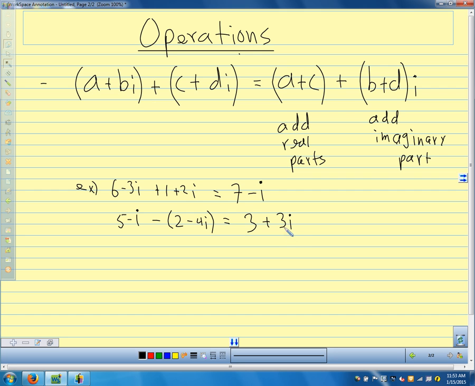So what would we have to add to 3 plus 3i to end up with 0? What complex number would we add to this number for the answer to be 0? Negative 3 minus 3i.